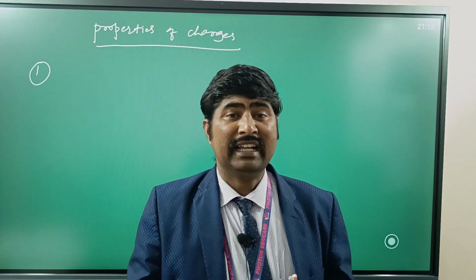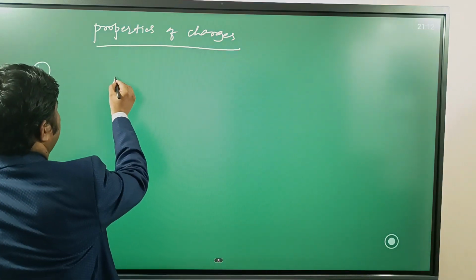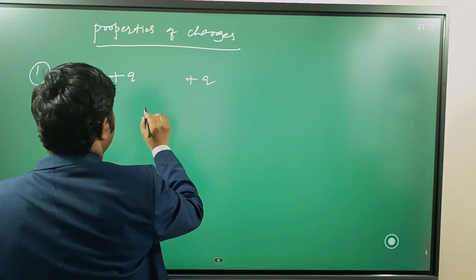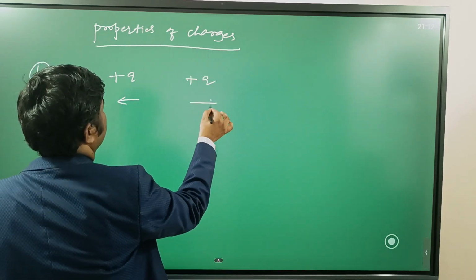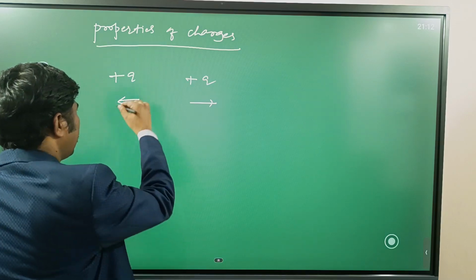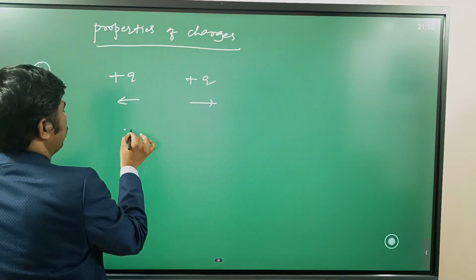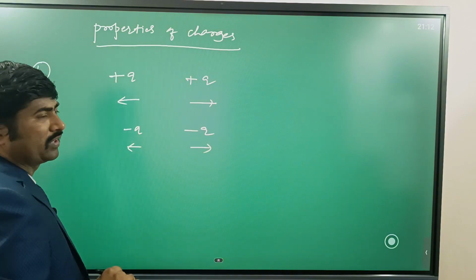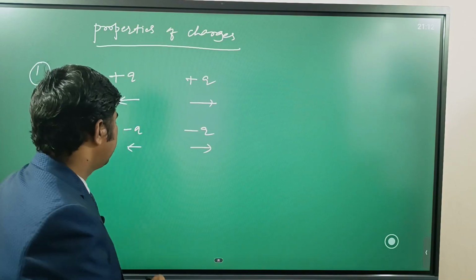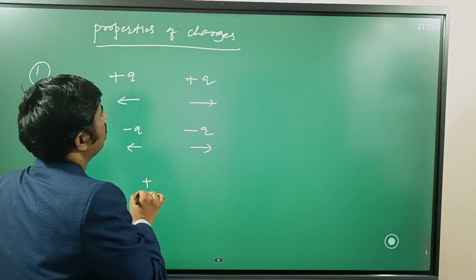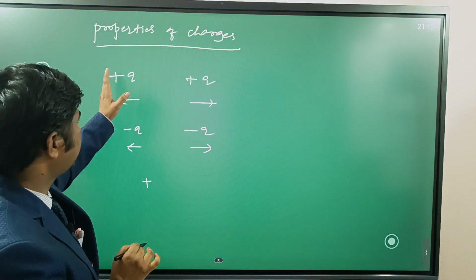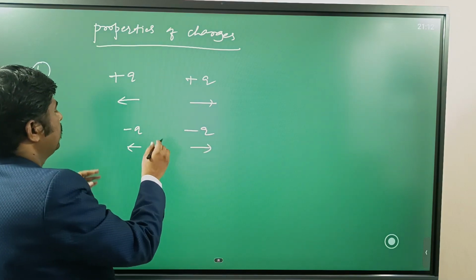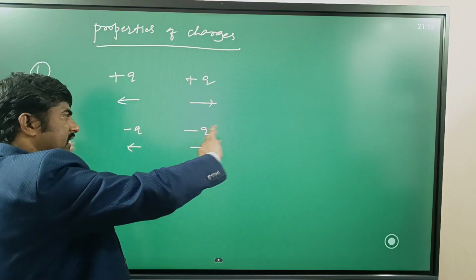Like charges: for example, if I take a positive charge and here one more positive charge, there will be a repulsive force between them. They won't attract. So like charges, either positive charges or negative charges, repel each other. If both are positive, there is a repulsive force between them, and if both are negative, again there is a repulsive force.